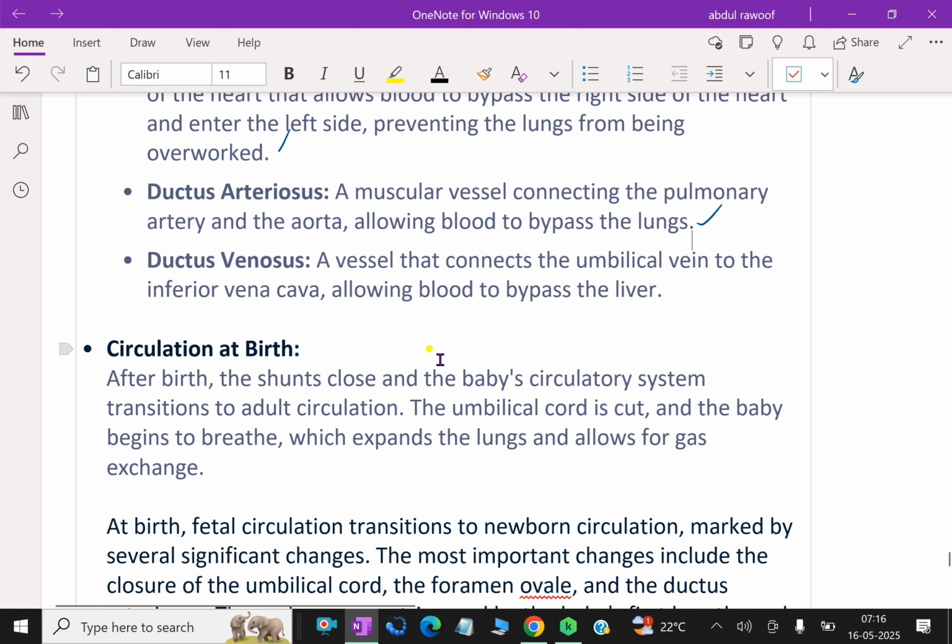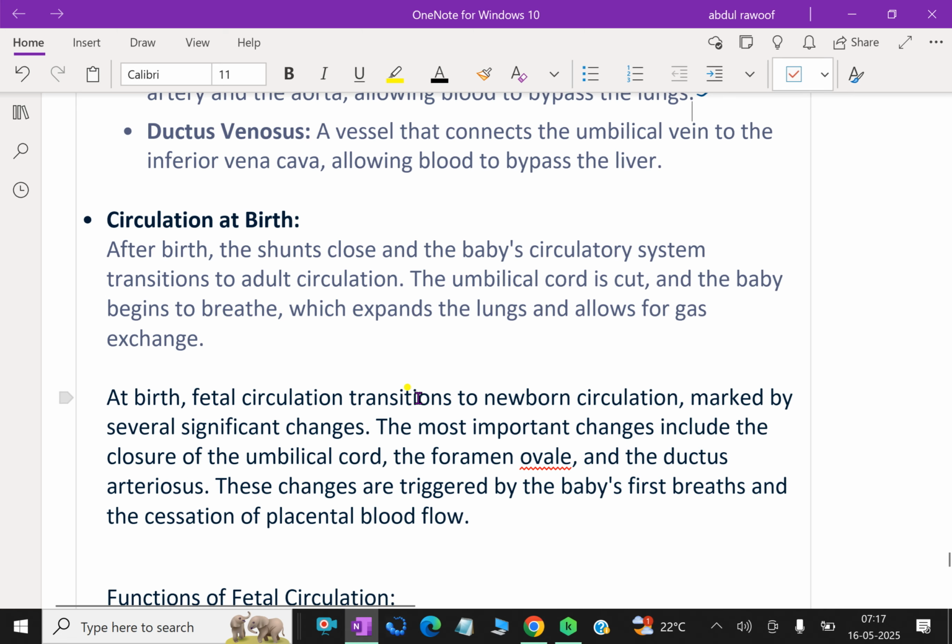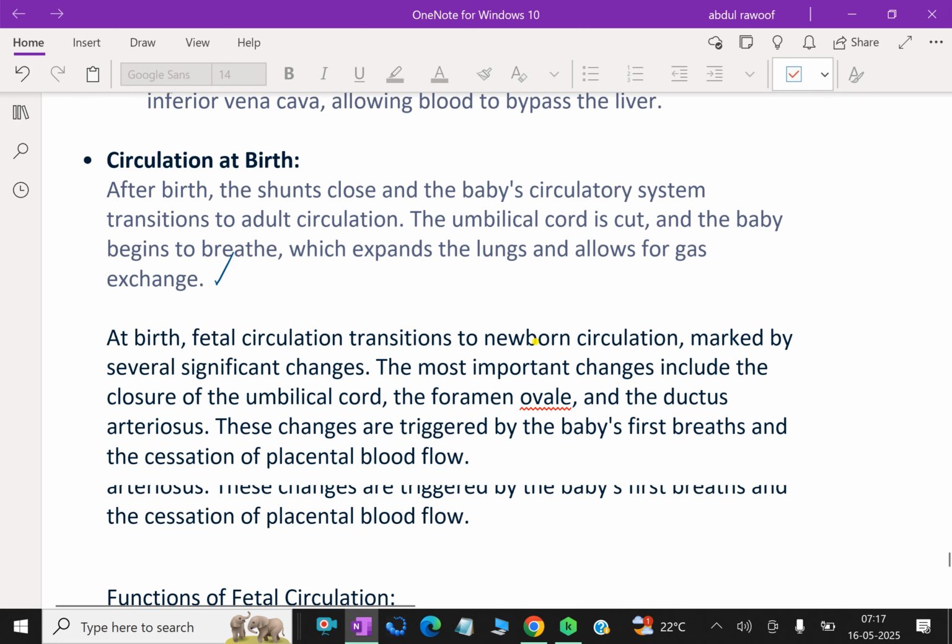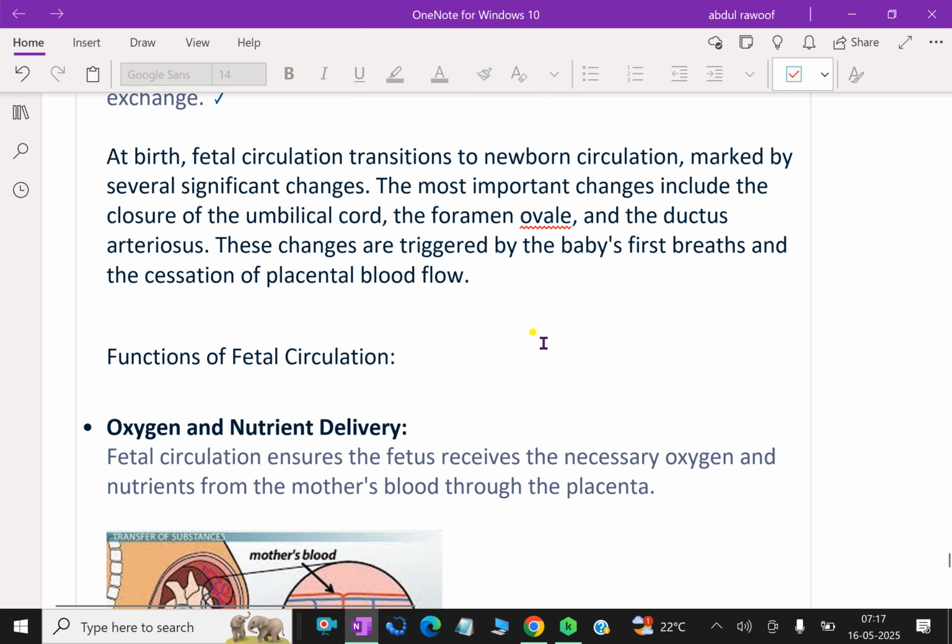Circulation at birth. After birth, the shunts close and the baby's circulatory system transitions to adult circulation. The umbilical cord is cut and the baby begins to breathe, which expands the lungs and allows for gas exchange. At birth, fetal circulation transitions to newborn circulation, marked by several significant changes.